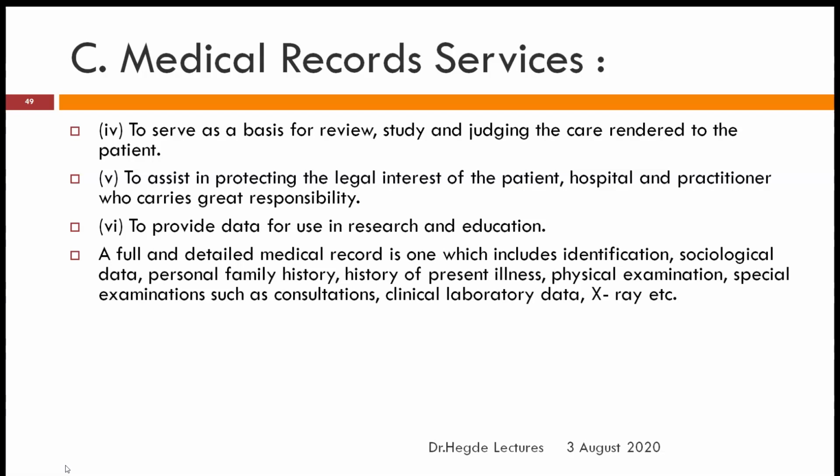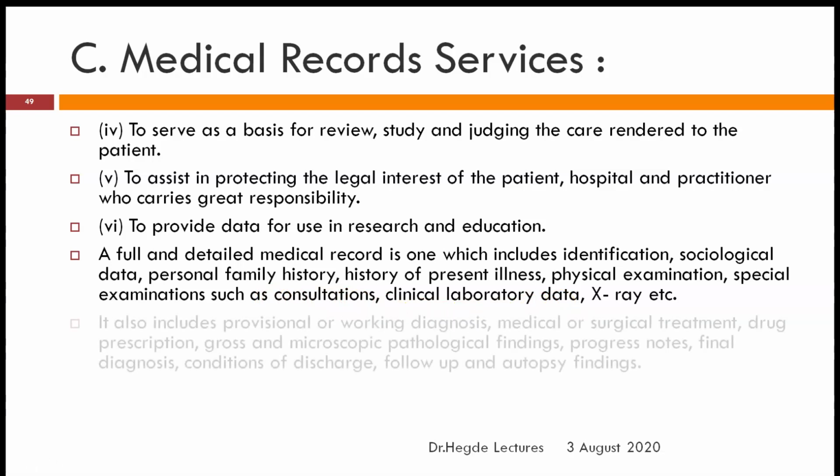A full and detailed medical record is one which includes identification, sociological data, personal and family history, history of present illness, physical examination, special examinations such as consultations, clinical laboratory data, X-ray, and so on.